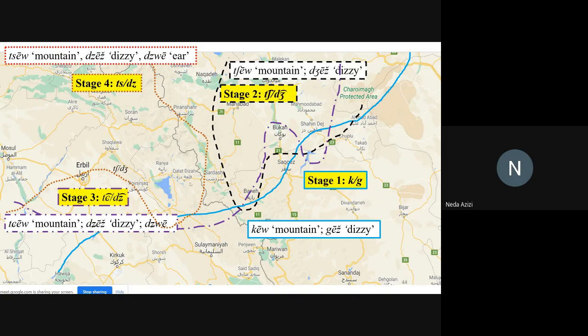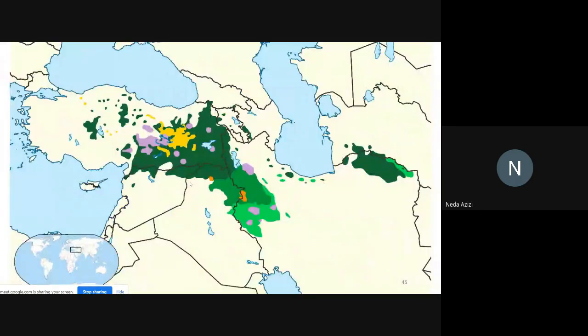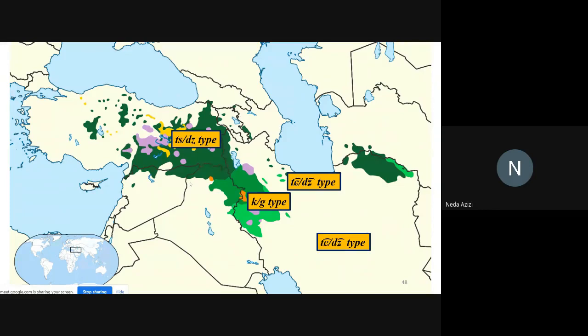The general typology would be basically the TZ type in northern areas, and the KG type in southern areas, the J type in central Iran areas, and a mix of KG types in northeastern varieties in Khorasan, Kuchan, and finally, again, we have a mixed form of the Mukrian region, which is a buffer zone of northern and southern areas.